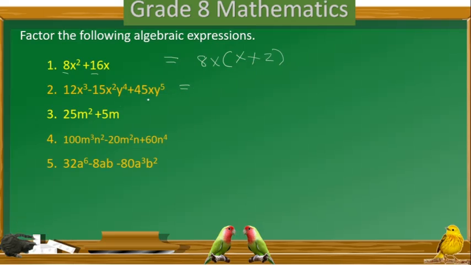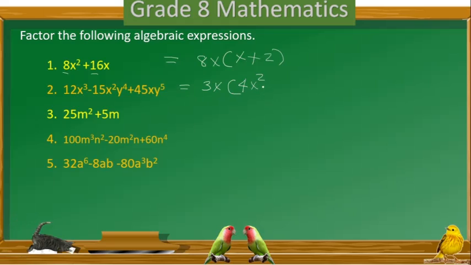For this one, 12, 15, and 45, that is 3. How about the variable? The variable is x cubed, x squared, and x, the smallest one. Then you divide 12x cubed by 3x, that is 4x squared.